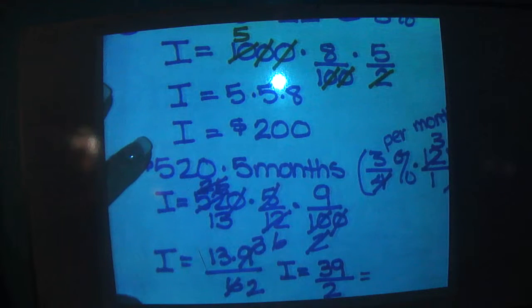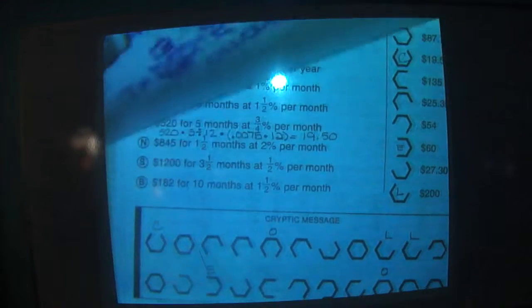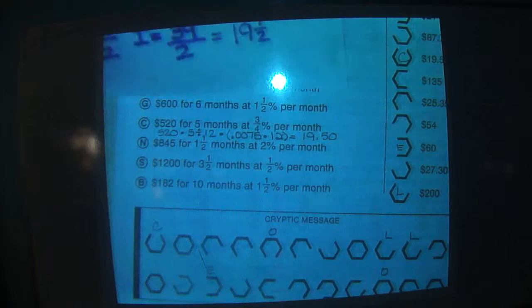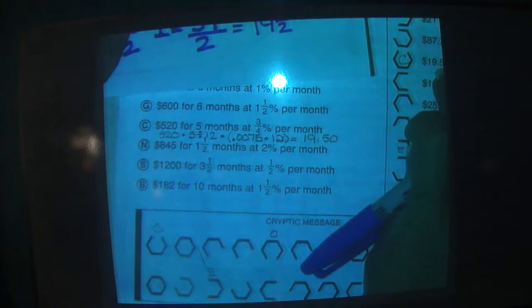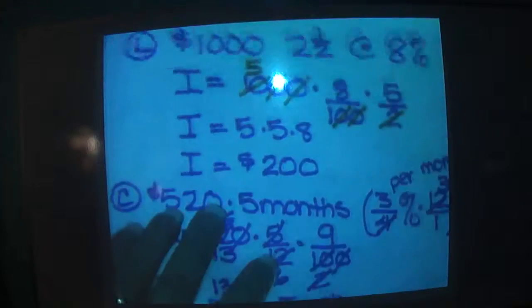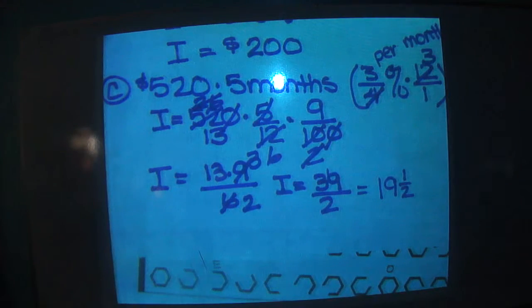I believe there is 19 with 1 left over. 19 and a half. Is that what I had? Yeah. 19.5, and there it is, $19.50. It's the letter C, it's the very first one. Okay? It doesn't get harder than that.